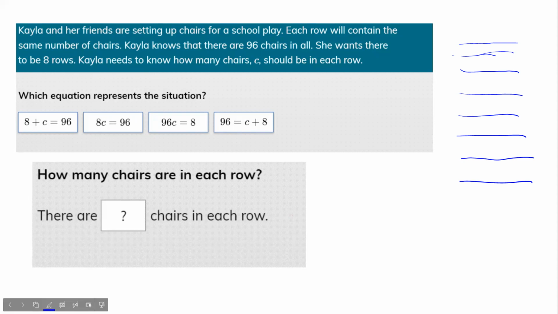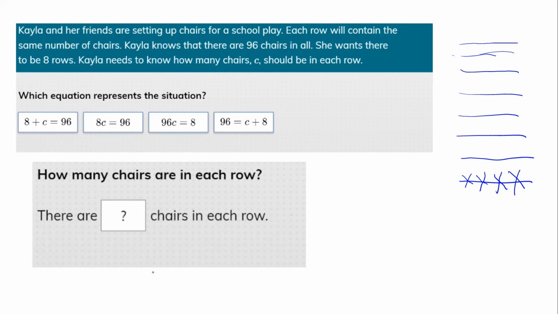So if I multiply the number of rows times however many chairs are in each row, right? And I'm just hypothetically saying, well, what if there are 4 chairs in each row? That would tell me how many chairs should be in each row, right? Okay, again, that's just me explaining my thinking, how I draw a really simple diagram, okay?